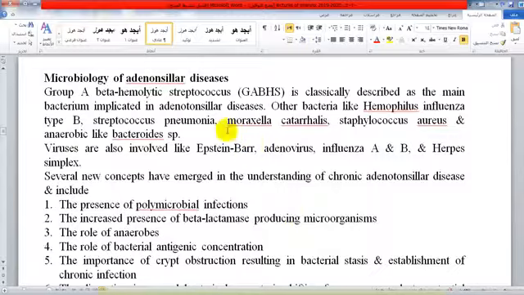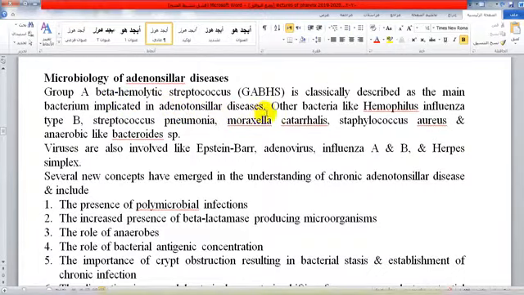We go to the microbiology of adenotonsillar diseases. Group A beta hemolytic Streptococcus is classically described as the main bacterium implicated in adenotonsillar diseases.